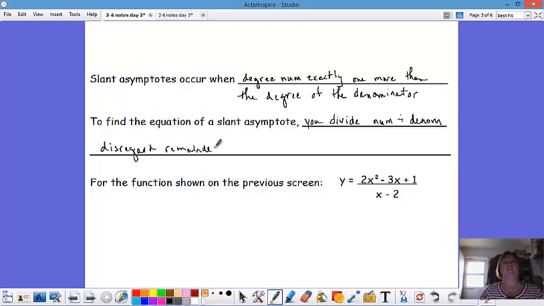The equation of the slant asymptote will be what you get when you divide. So the equation of the slant asymptote will be the quotient.